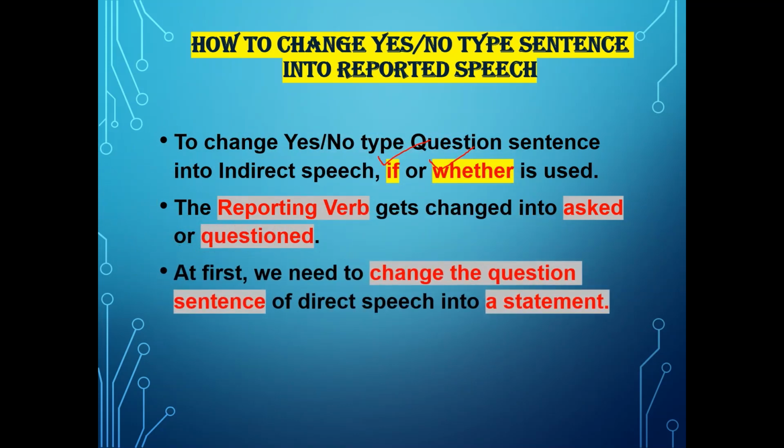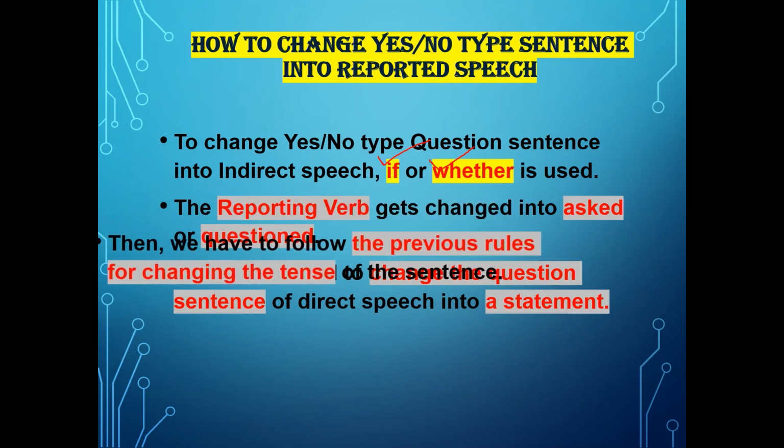Next, we need to change the question sentence of direct speech into a statement. So when we are changing yes or no type question sentence into reported speech, we will first change the question sentence into a statement. It means into a declarative sentence.